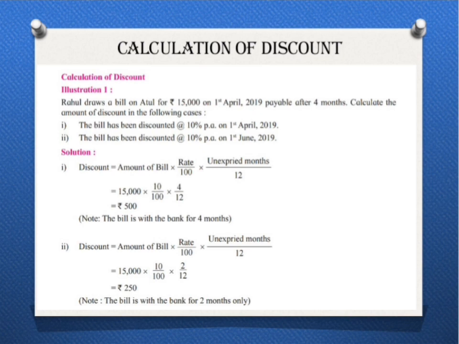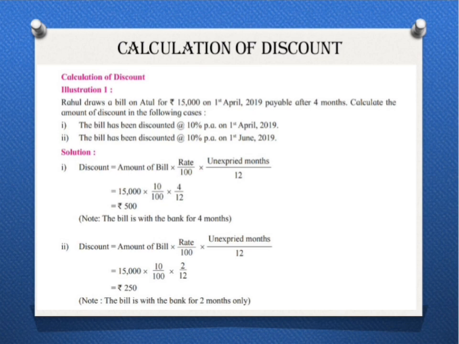See here one illustration. Rahul draws a bill on Atul for rupees 15,000 on 1st April 2019, payable after 4 months. Calculate the amount of discount in the following cases. The bill has been discounted at the rate of 10% per annum on 1st April 2019. And the second case, the bill has been discounted at the rate of 10% per annum on 1st June 2019.